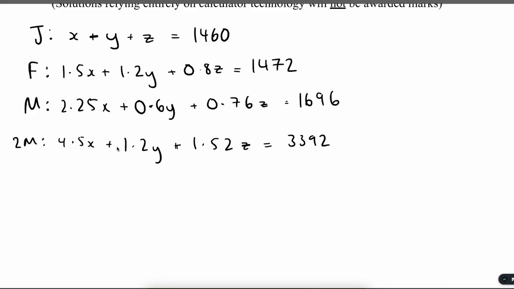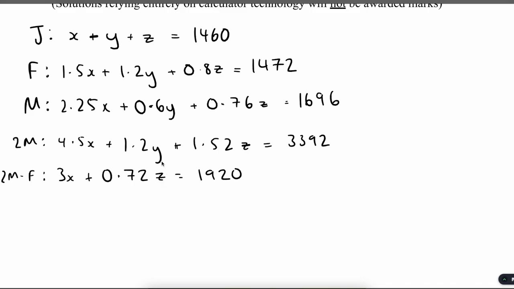Now we can subtract this 2m from f, so 2m minus f, and we get 3x, so the y's cancel, and then we get plus 0.72z equals, using your calculator, 1920. And then that gives us an equation for x and z.